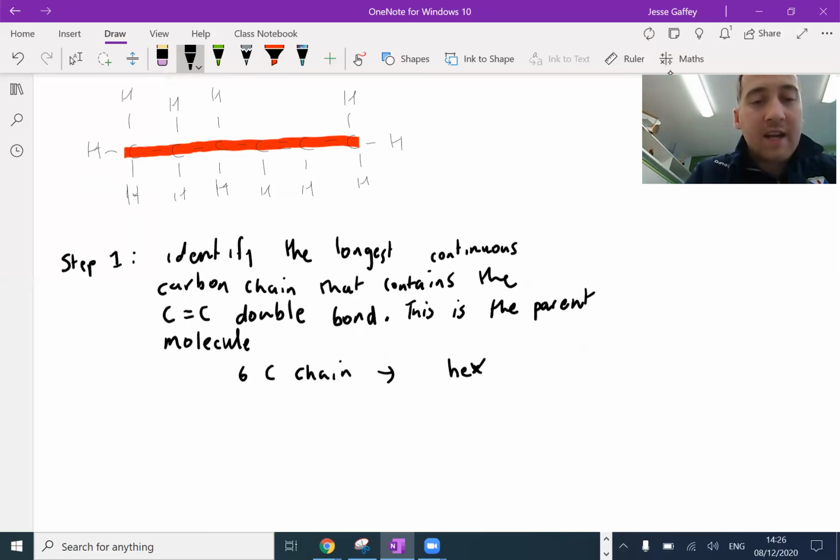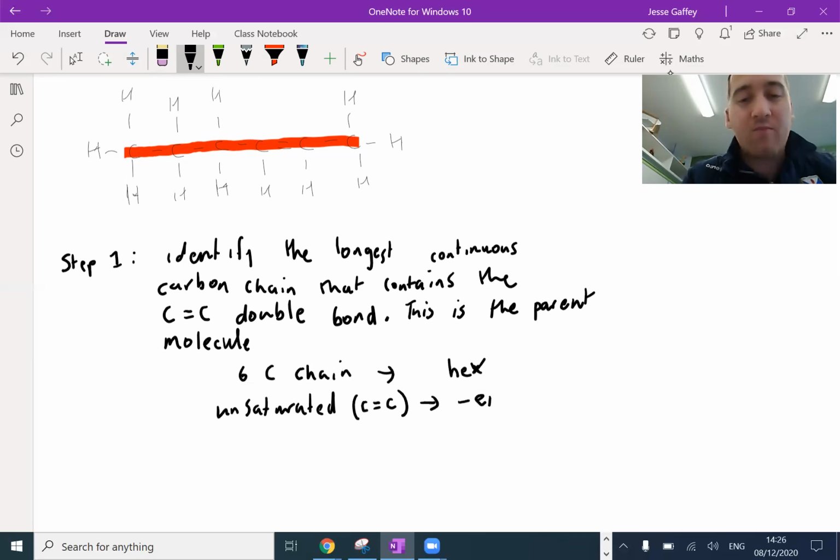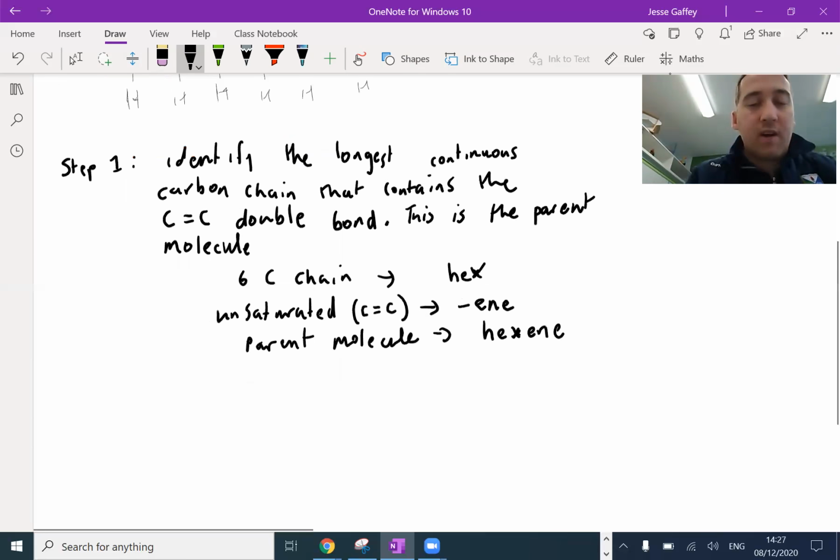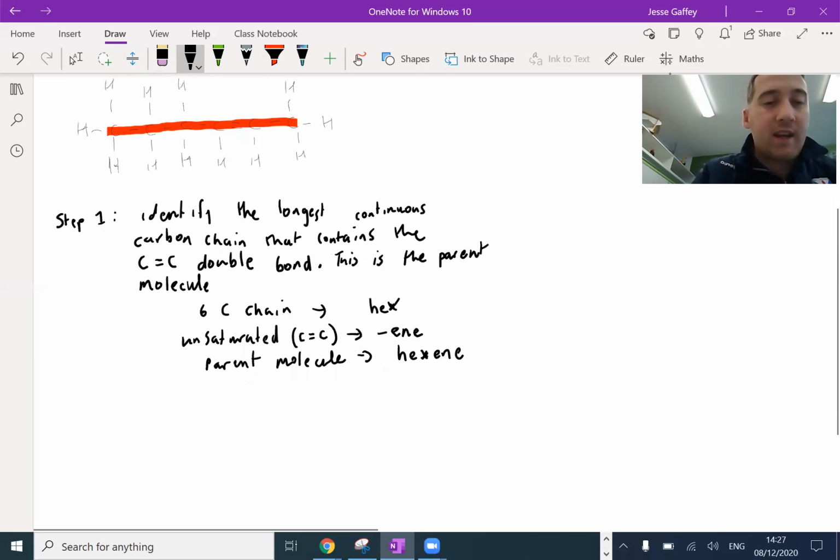It's an unsaturated compound with a C double bond C. That means we're going to call it ene. It's going to get the suffix ene. So hexene, the parent molecule is hexene. That's step 1 done. We've identified the parent molecule is hexene.